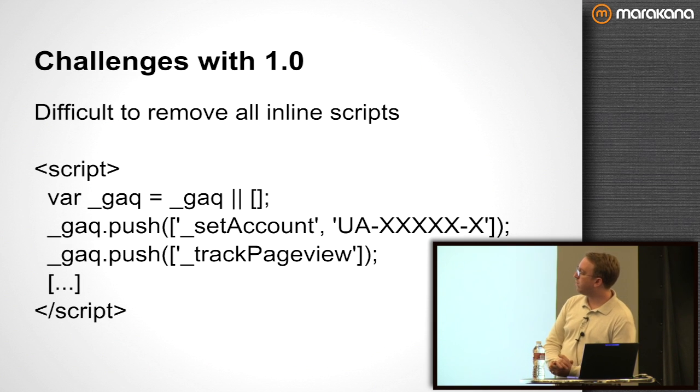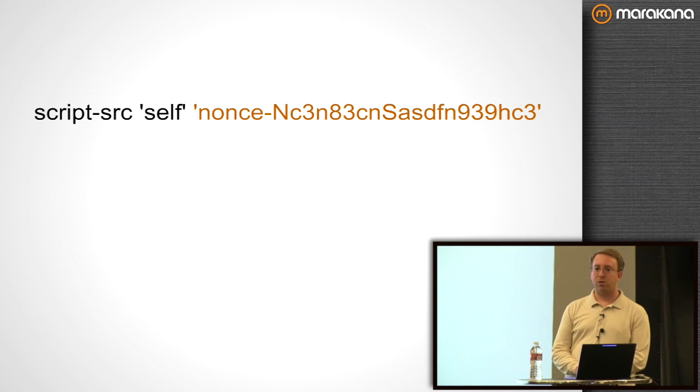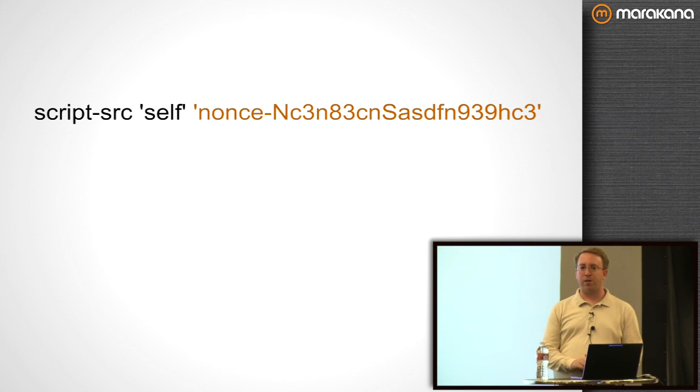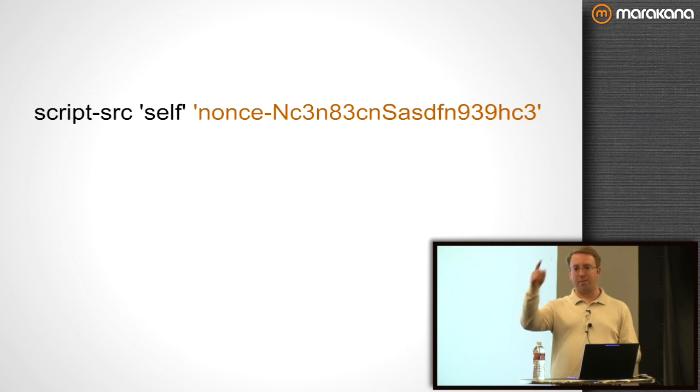The approach that we are experimenting with currently in 1.1 is to use a nonce. If you're familiar with the idea of a nonce, it's just a random number that you made up one day. And every time your website is fetched, you make up a new random number. The idea is that it's known to you, but unpredictable to an attacker.